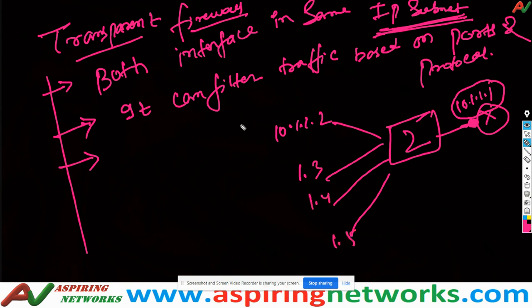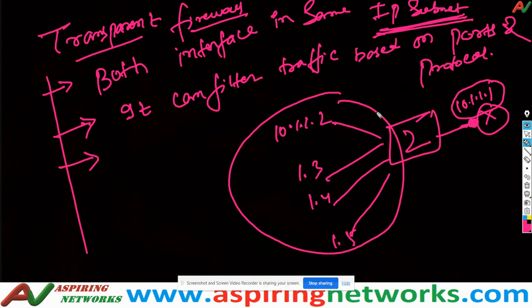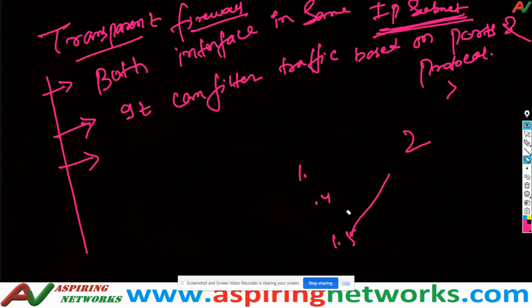What does it mean? All the IP addresses belong to this particular subnet, right? In that same way and with that same meaning, your firewall should be in the same subnet. I will give the example.